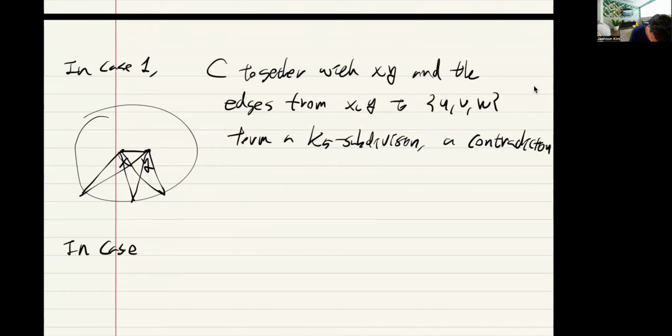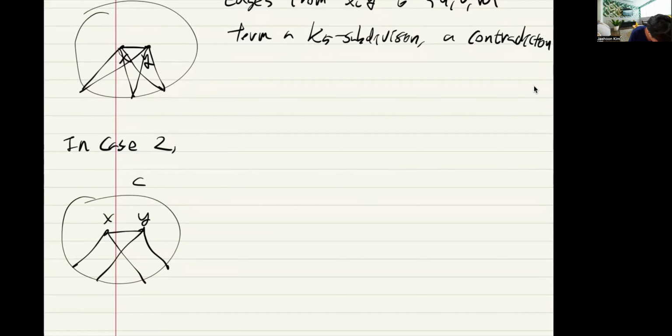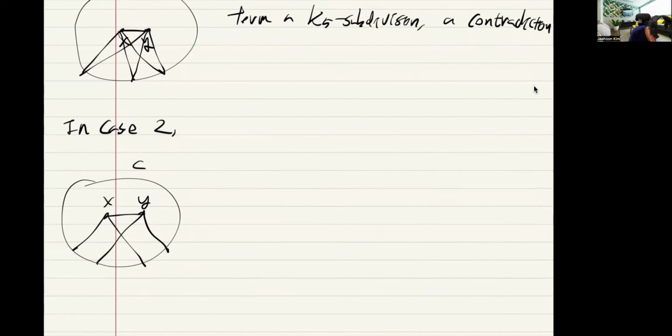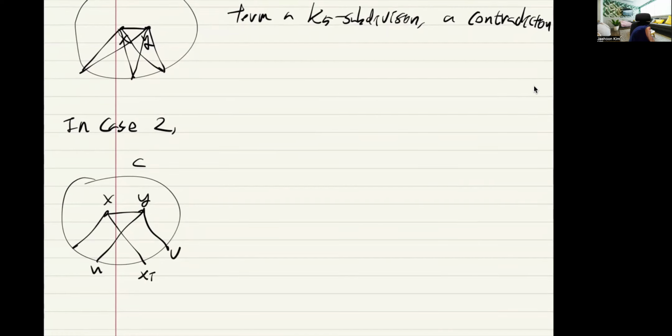In case 2, we have this C and then X, Y. Then X, Y have neighbors U and V, then X_i and X_{i+1}.